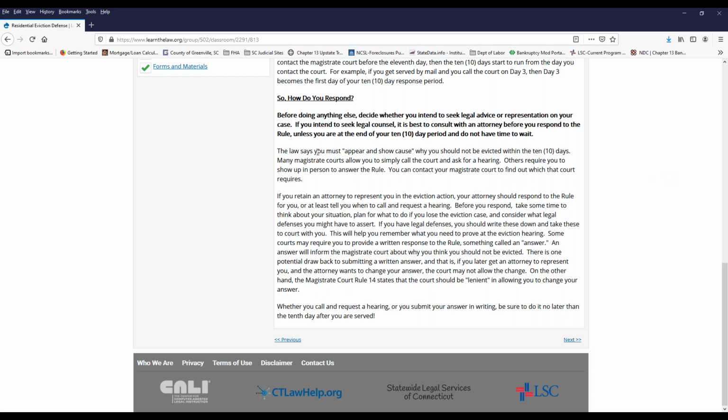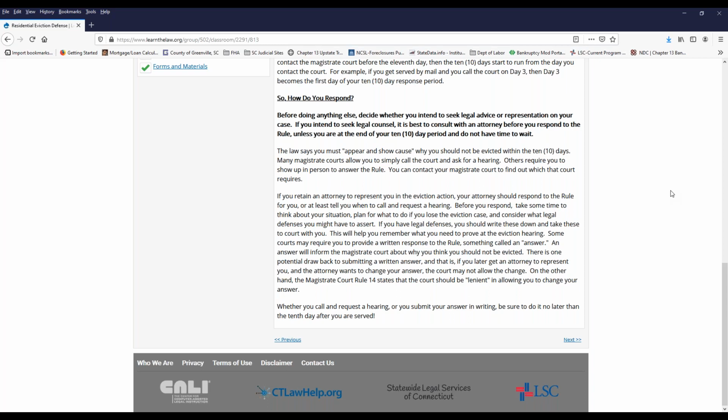So magistrate courts have different policies about whether they'll require you to file something in writing or not. Some magistrate courts do require something in writing. Other magistrate courts may allow you to just pick up the phone, call the court, and request a hearing. What I would recommend before you do either of those is decide whether you intend to seek legal advice or legal representation about your case.